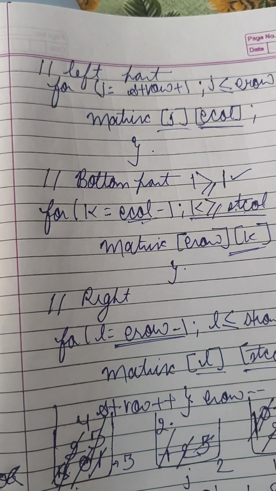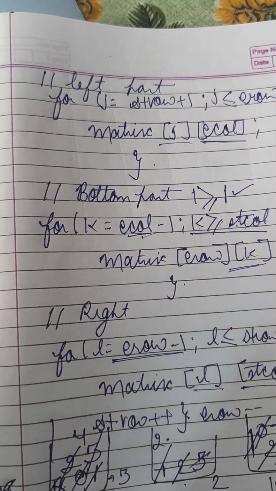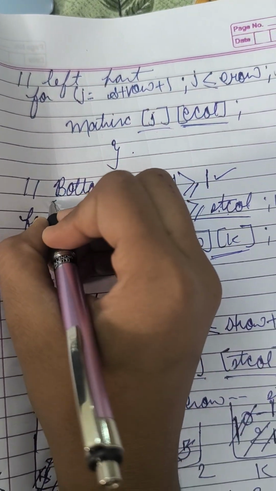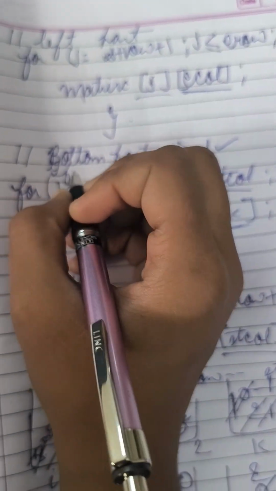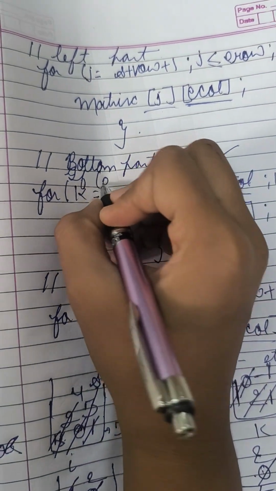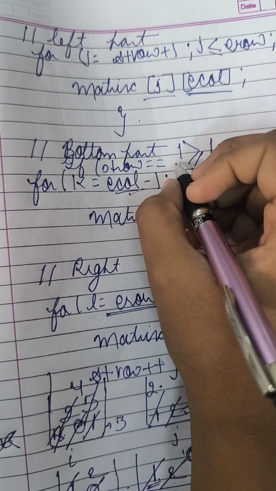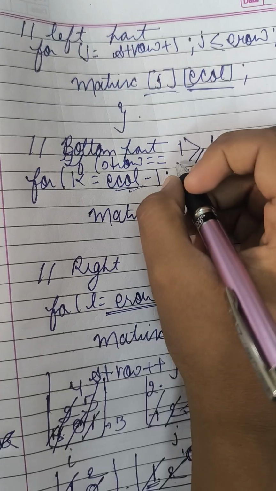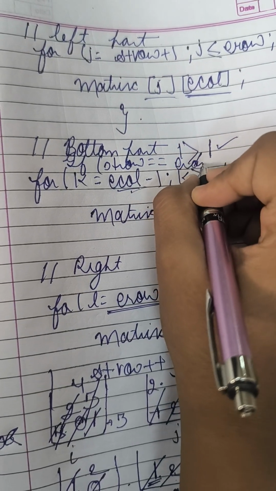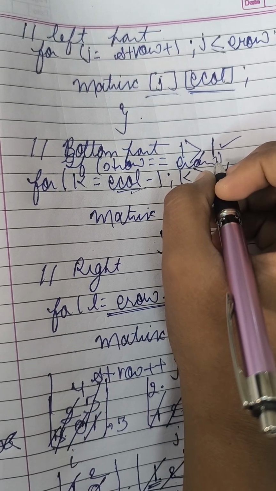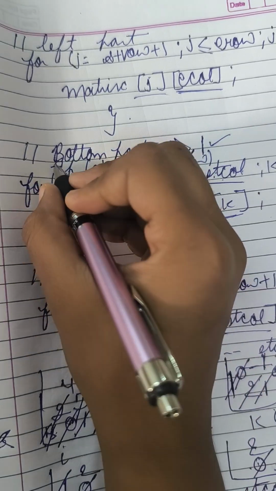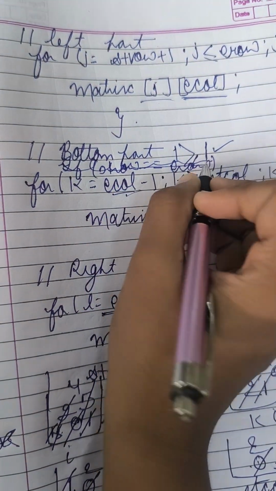So in the edge case, what we will do, we are going to apply the edge case over here only, that if my starting row equals to ending row, or you could apply it like this.